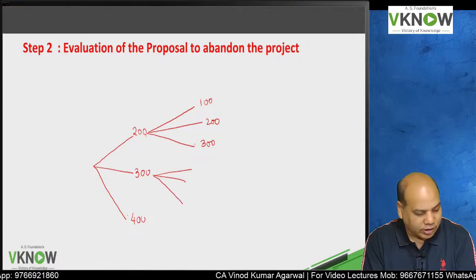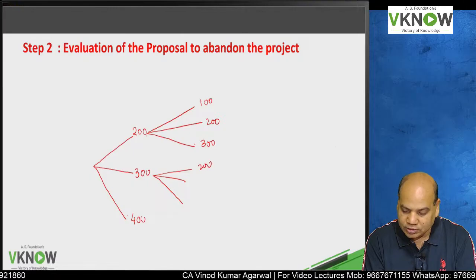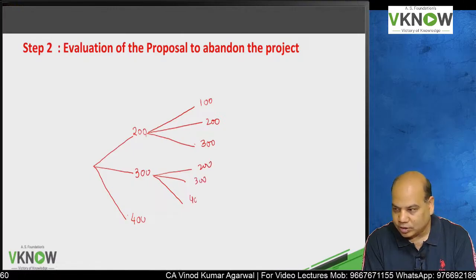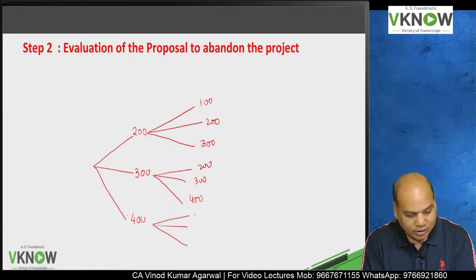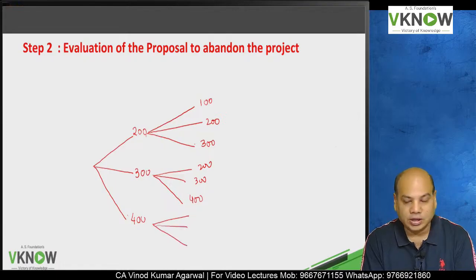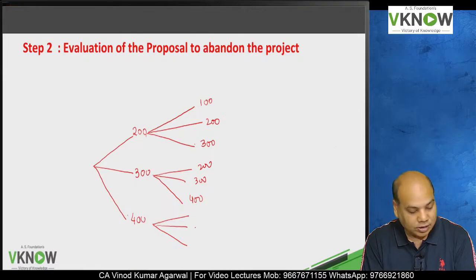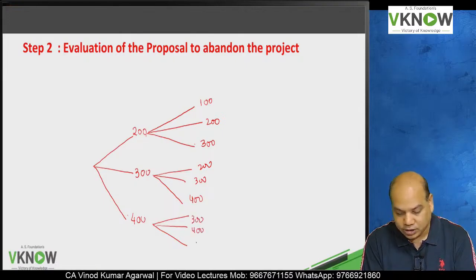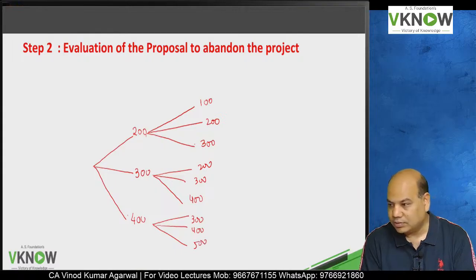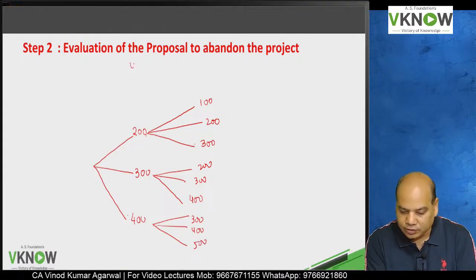But if you get 300 in the first year, then you will get 200, 300 or 400. You don't have to write, just wait, only understand. If you get 400 in the first year, then you will get 300, 400 or 500. So wait for year 1.